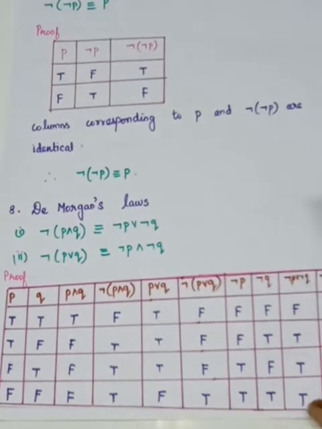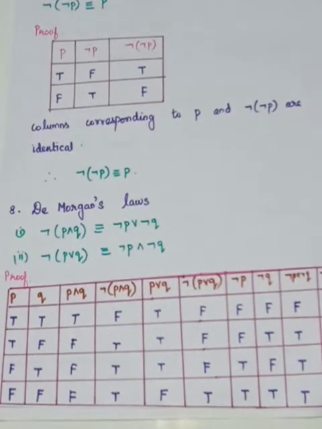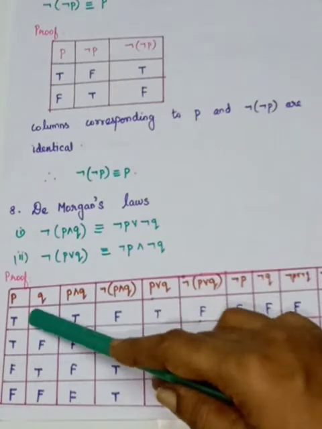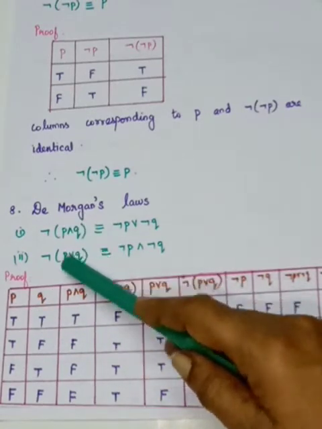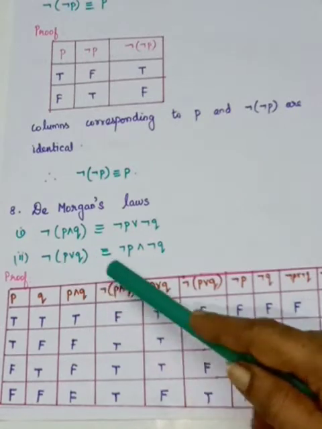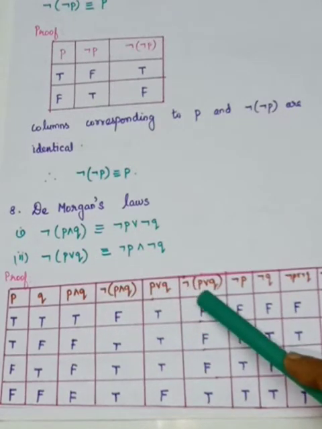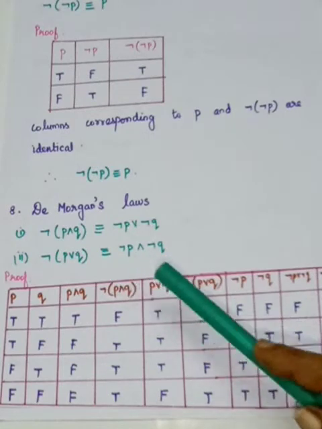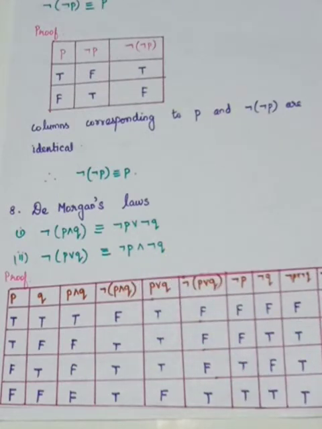Okay, you see the truth table for the proof. First one, P and Q, only two statements, so negation of P and Q. In the same way, the next one, P or Q, negation of P or Q. If it is asked, you can write the truth table separately according to what is asked.